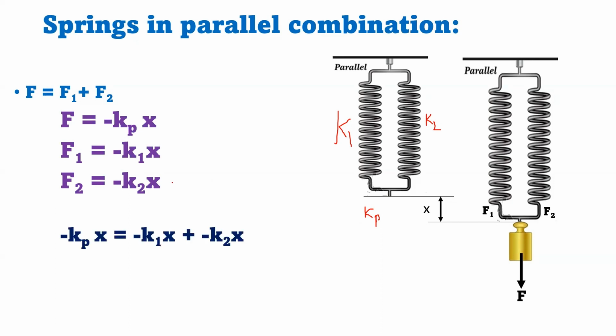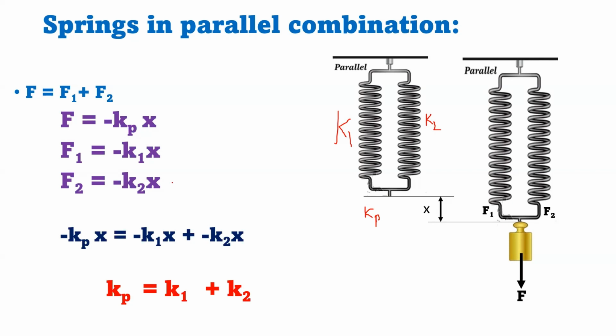So this implies minus Kp into X equals minus K1 into X plus minus K2 into X. We can take X common on both sides and cancel, and cancel the minus also. Then finally we get Kp equals K1 plus K2. So if two springs are connected in parallel, the resultant force constant is equal to the sum of the force constants of the individual springs.